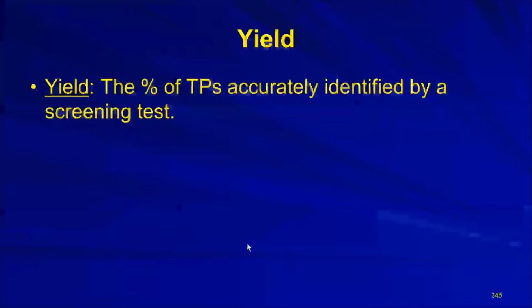Is it supposed to identify those who are true positives, or those who are true negatives, or to do an equal job of doing both, identifying true positives and true negatives?